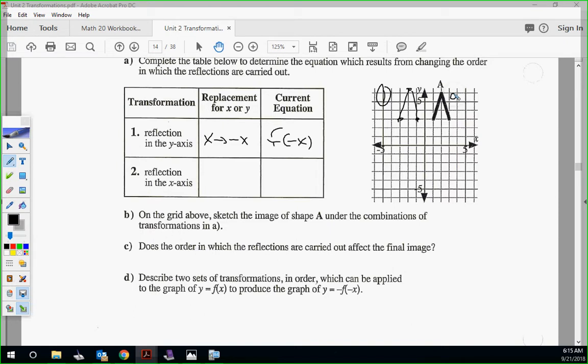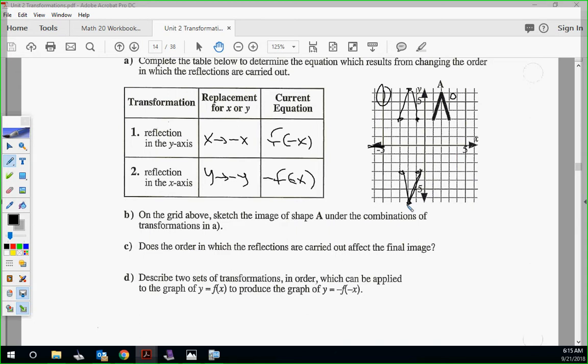Then we reflect over the x-axis, going from y to negative y, and we get the negative f of negative x, which flips over the x-axis. So down 3, 6, and we're here. If you look above, obviously my lines aren't great, but it's the exact same position.